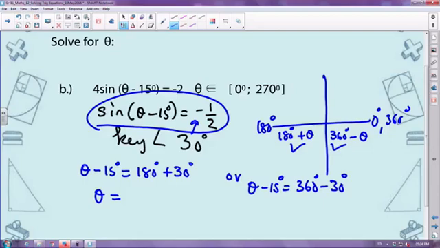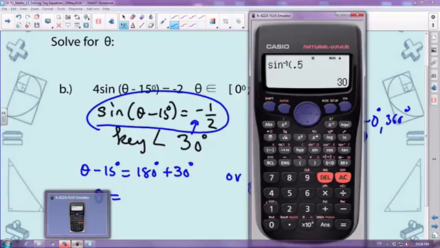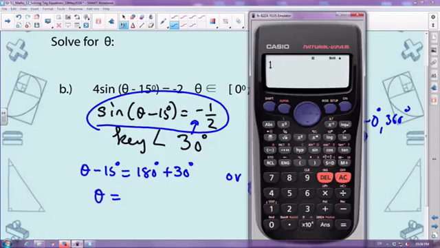So theta is 180 plus 30 plus 15, and that's 225.